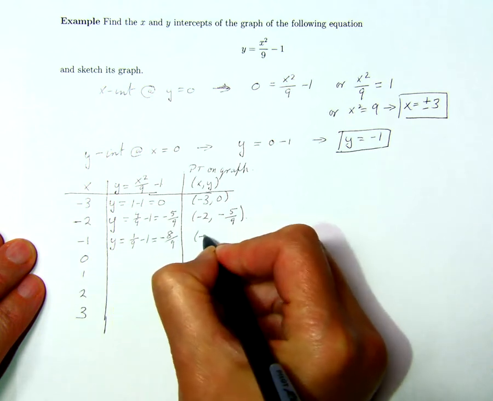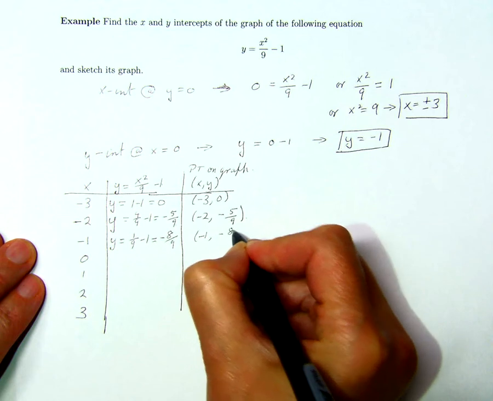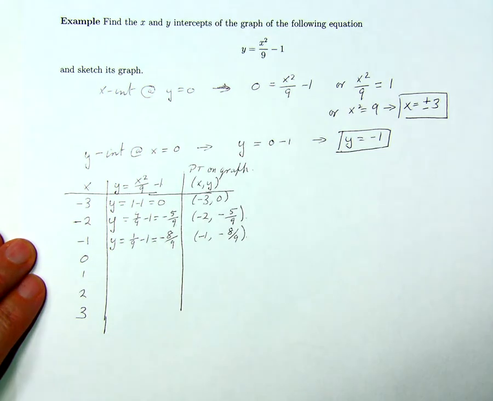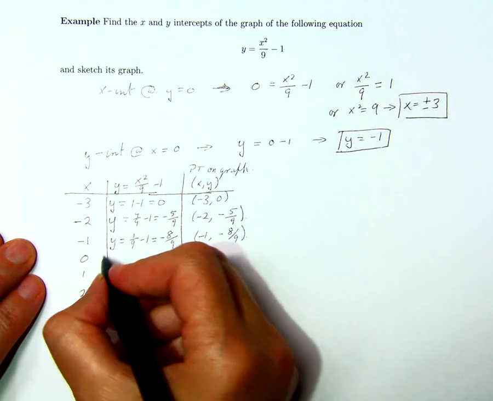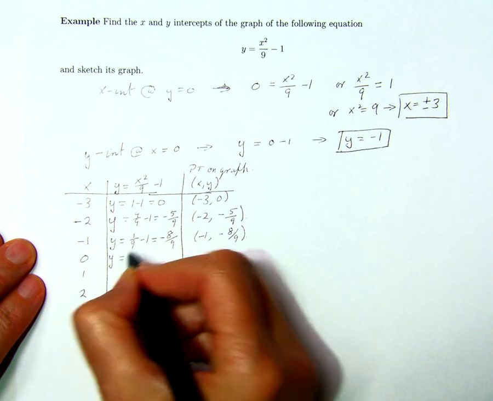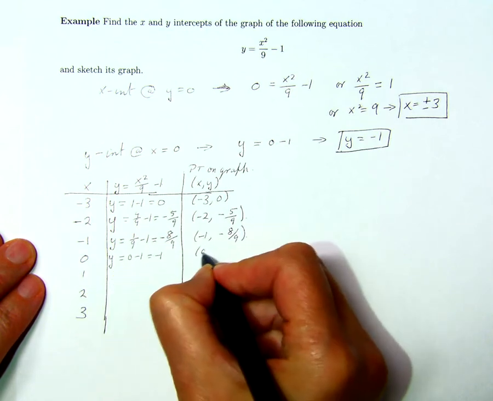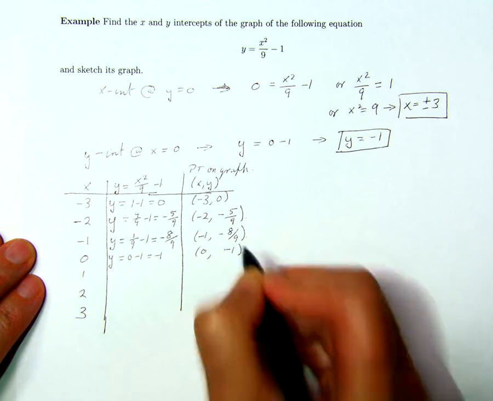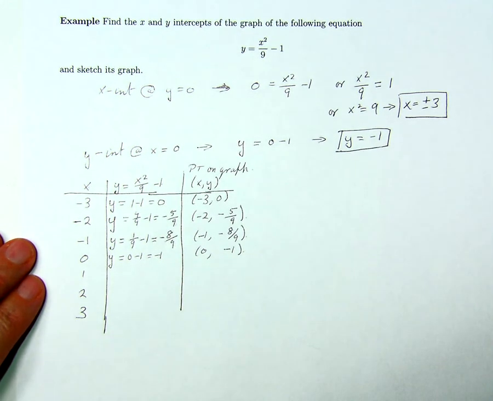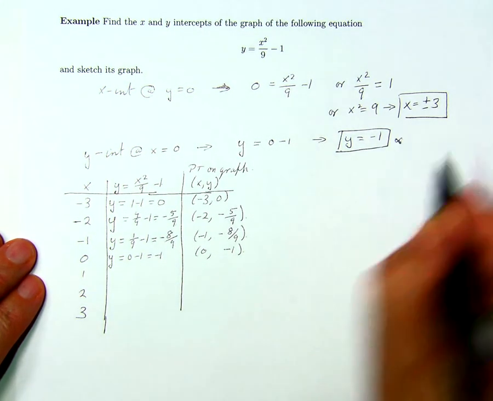And so the point minus 1, minus 8 over 9 is also on the graph. When I plug in x equals 0, I get y equals 0 minus 1, which is minus 1. So the point 0, minus 1 is on the graph, and that, of course, we found already is our y-intercept.